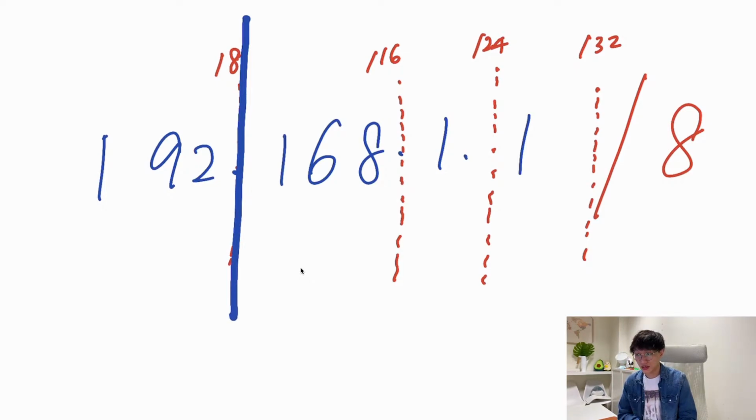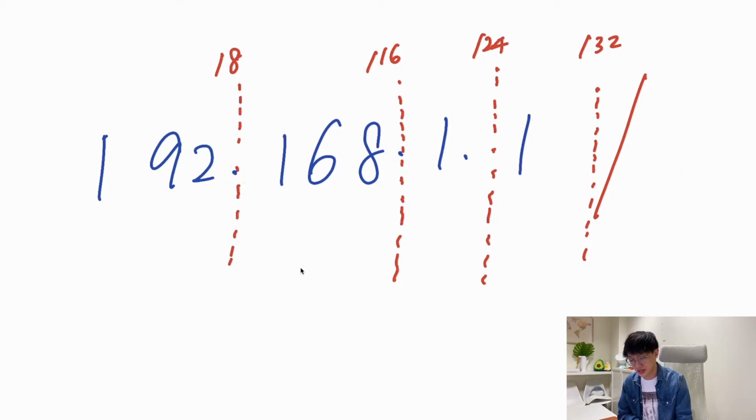Now if I have a /16 mask, what I mean is I want to cut the address space at the 16 position here. So this is how I will cut the address space here.